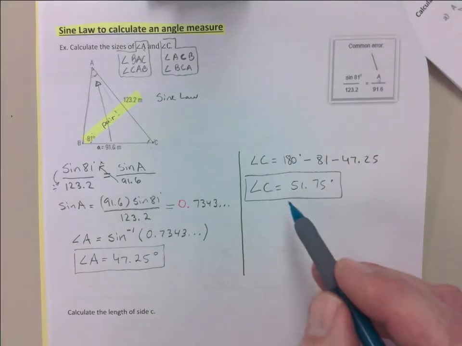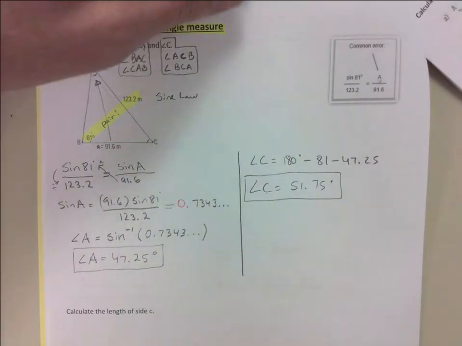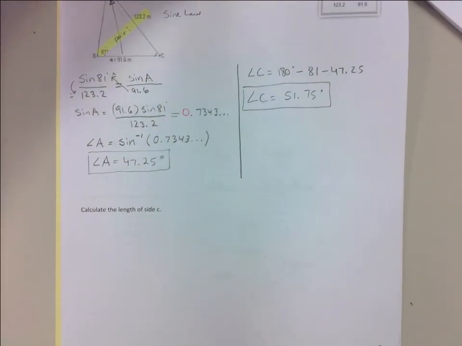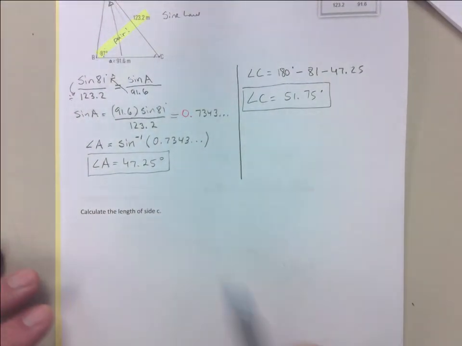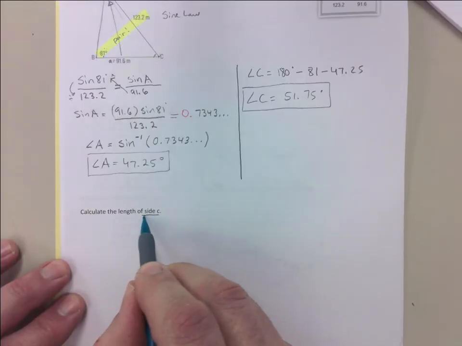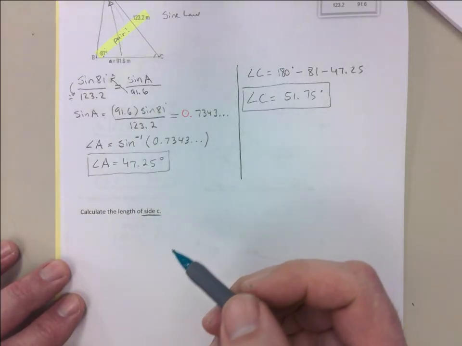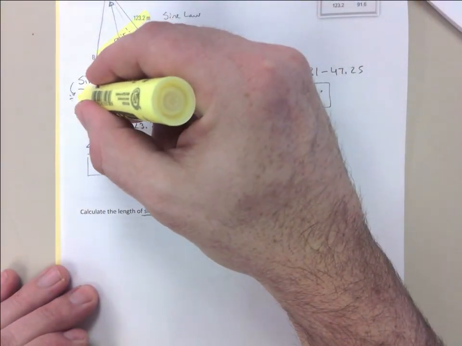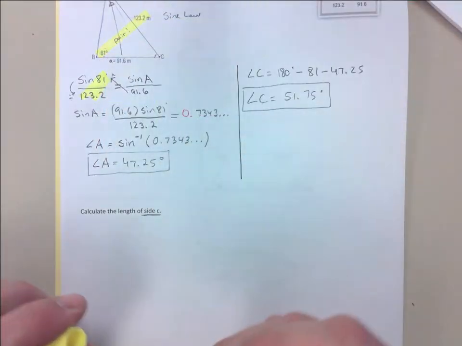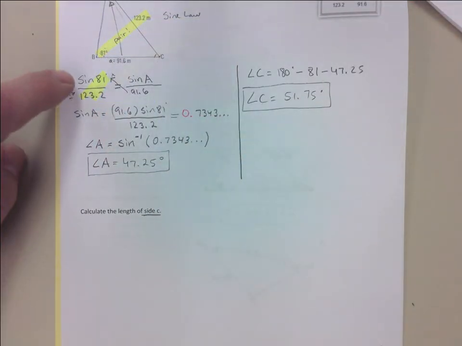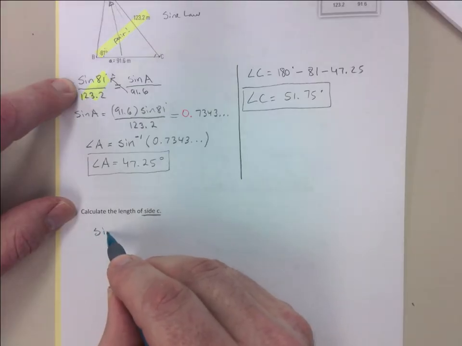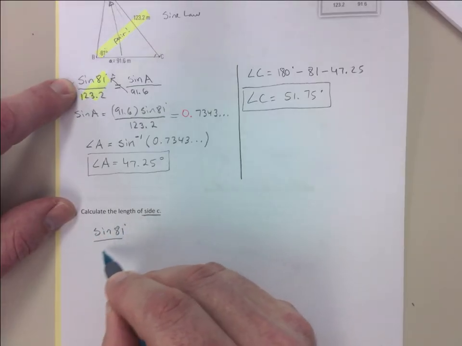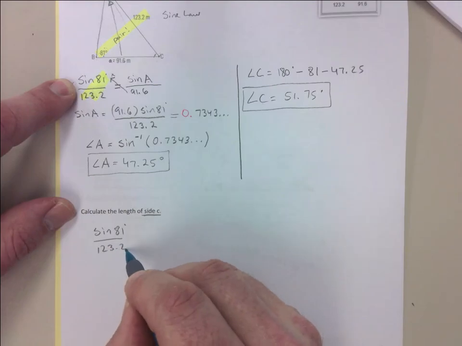So why don't we do this? I'm going to let you see the whole thing. Calculate the length of side C. I'm going to start with the pair that I was given right from the beginning. Sine of 81 over 123.2.